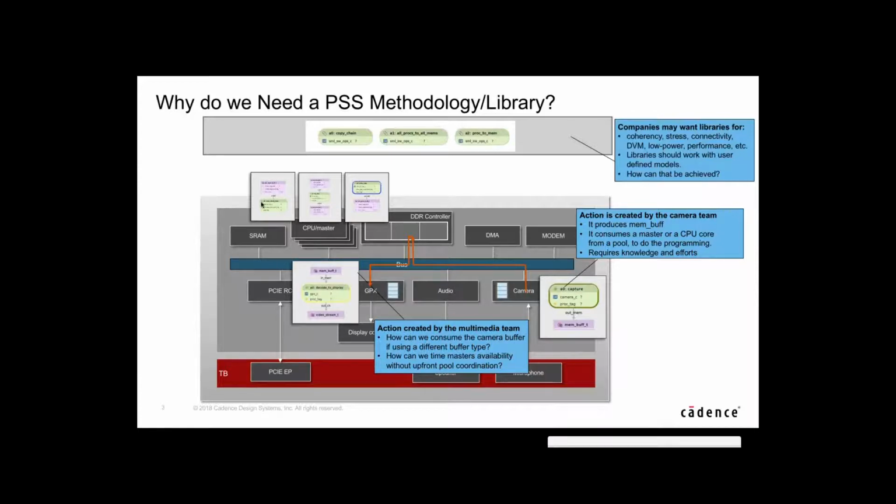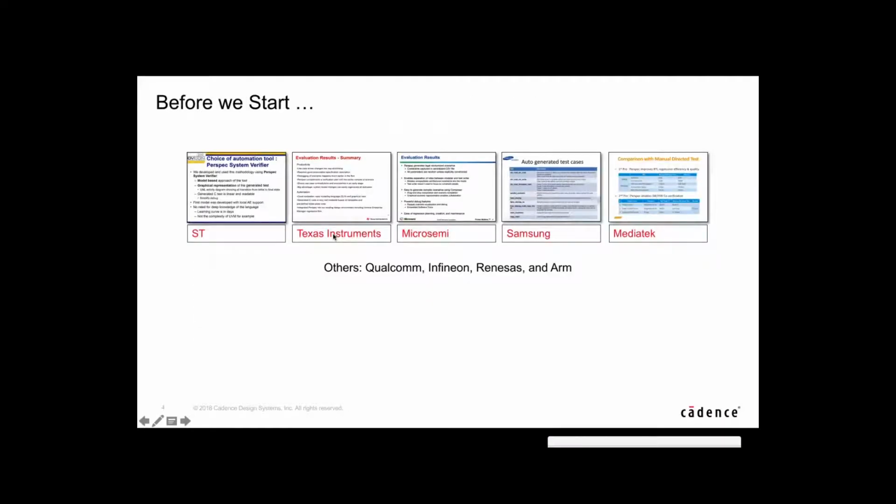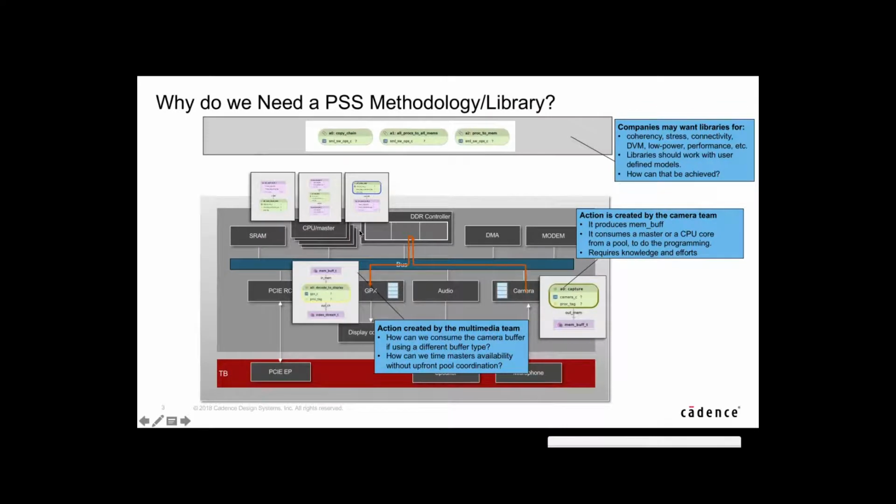So if you have activities and actions that are part of a standard, then users, both vendors for commercial purposes or homegrown, will be able to create all these low power, performance, coherency, stress, connectivity scenarios that will work on top of whatever model you have for the primitives, reads and writes.